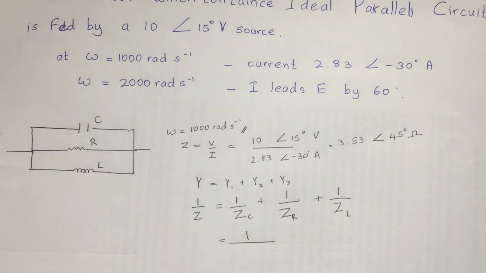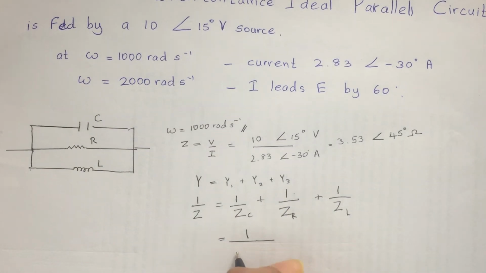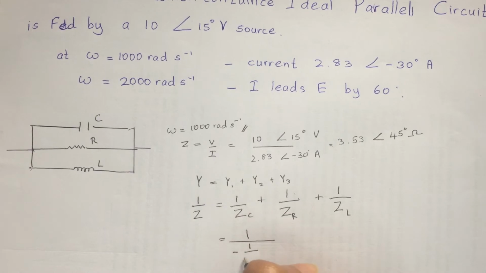We knew that ZC is going to be minus 1 over omega C into J. This is the total impedance of that capacitor. Also, there is no real part, so I'm going to write only the imaginary part. It's going to be minus 1 over omega C into J.